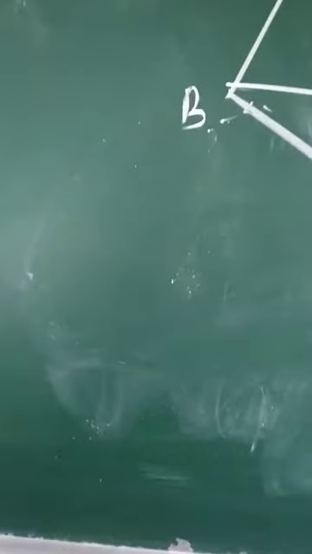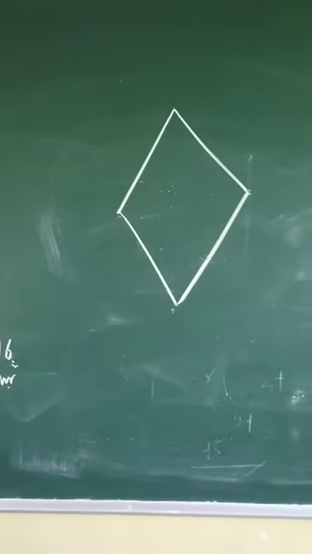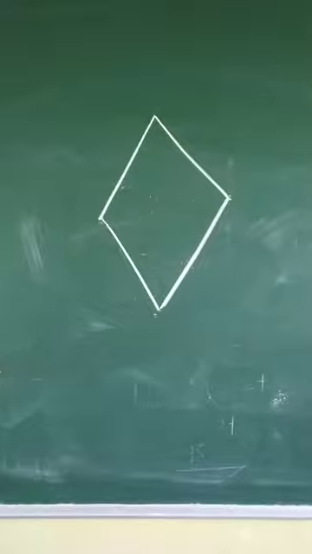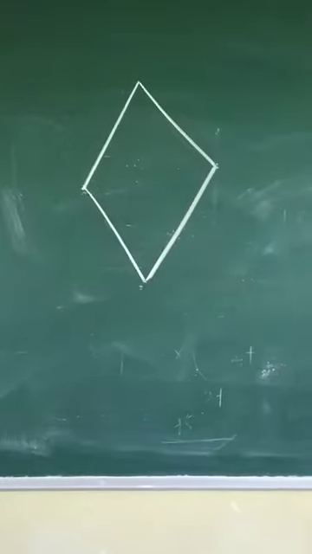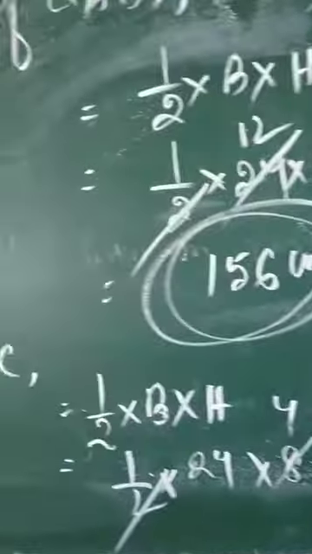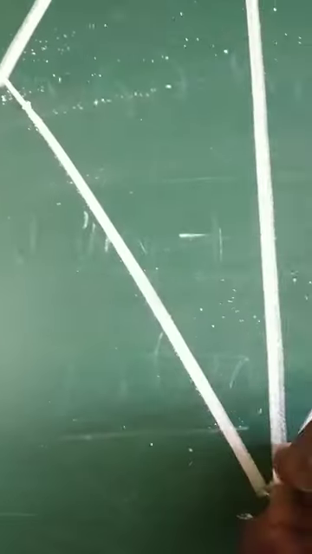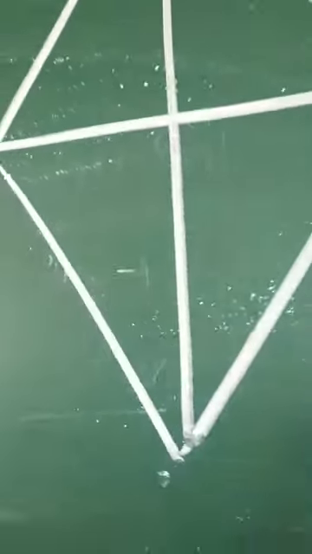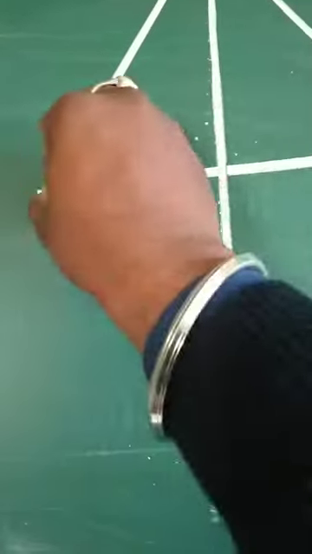Now, in the next question, question number 5, there is a rhombus. The measures of the diagonals are given. It's a rhombus, children. We know the basic property of a rhombus very well: a rhombus is a quadrilateral in which all the sides are of equal measure and the diagonals fall on each other at right angles, perpendicular. The diagonals are 12 centimeter and 7.5 centimeter.